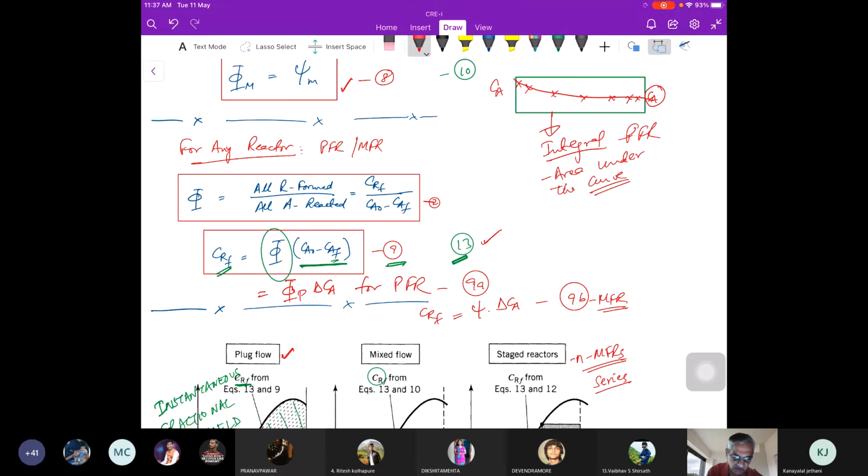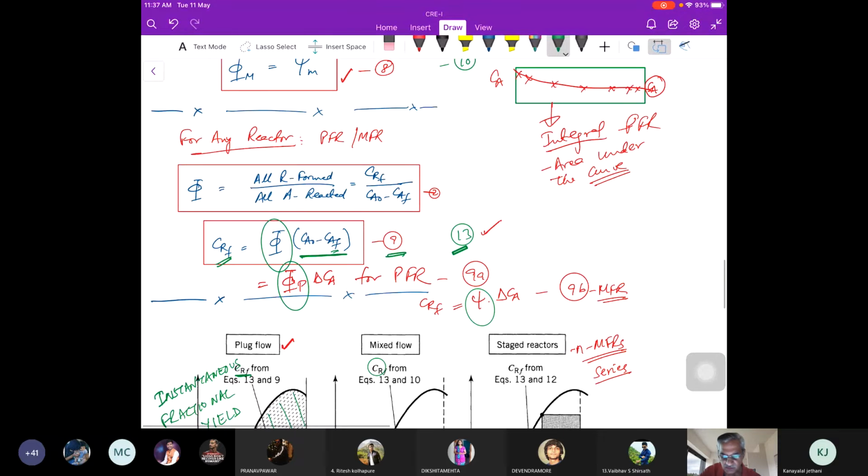So in PFR we have to calculate this, and in MFR we need this. And we are going to solve many problems where we try to find the values of phi p and psi. Any questions on what we discussed so far?